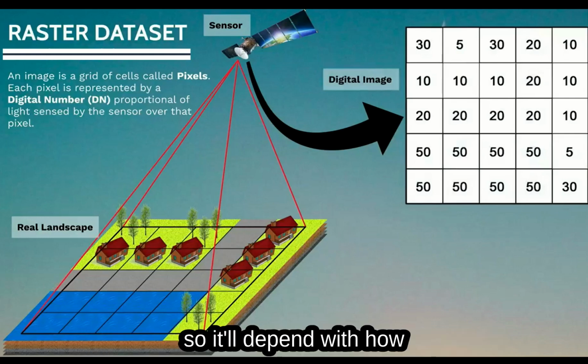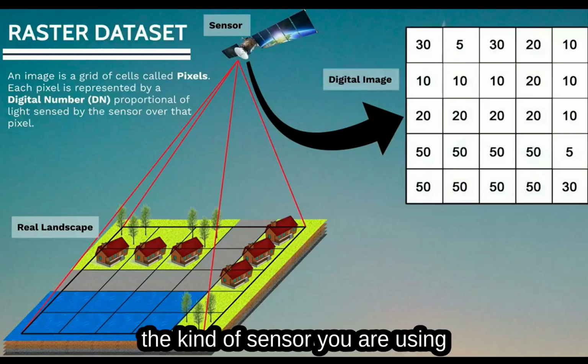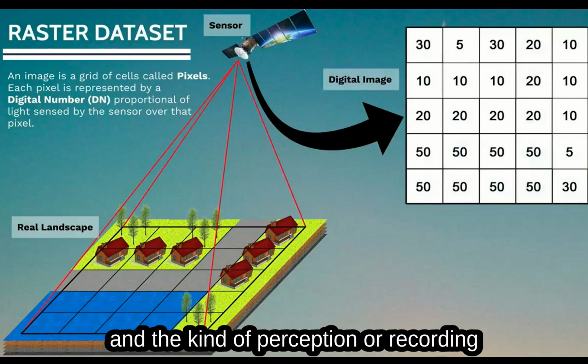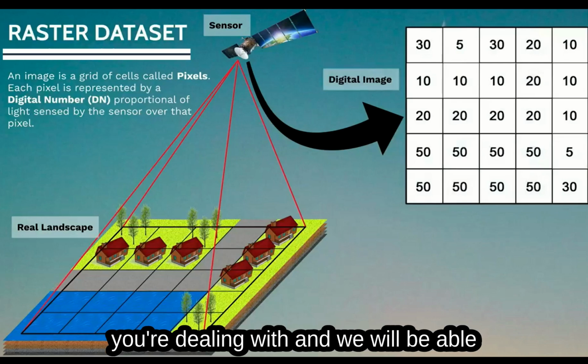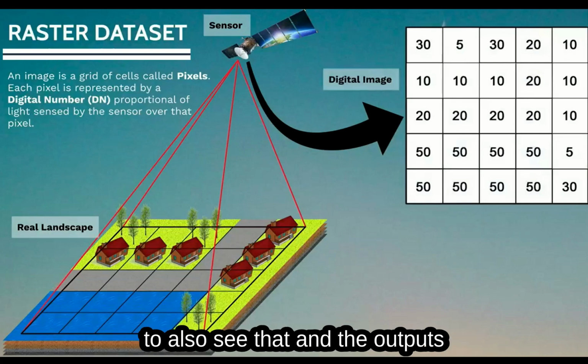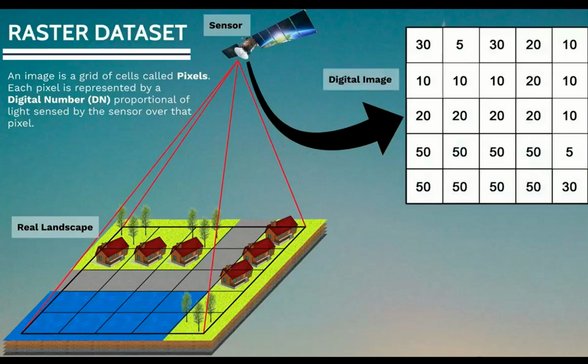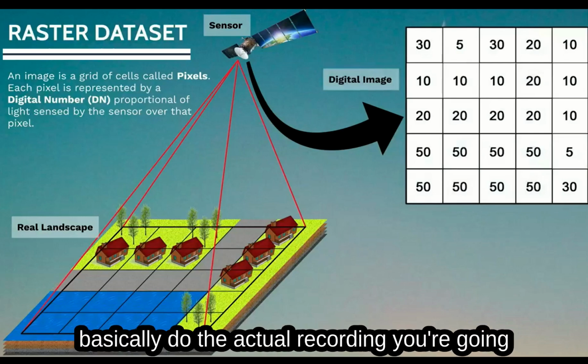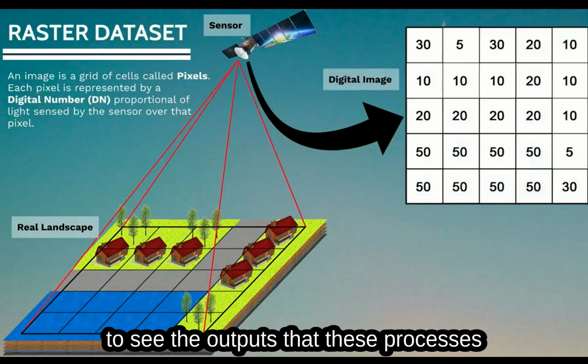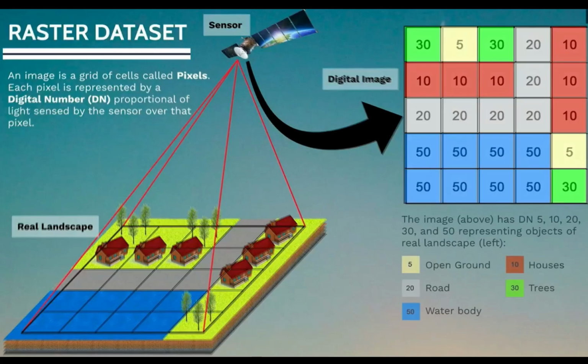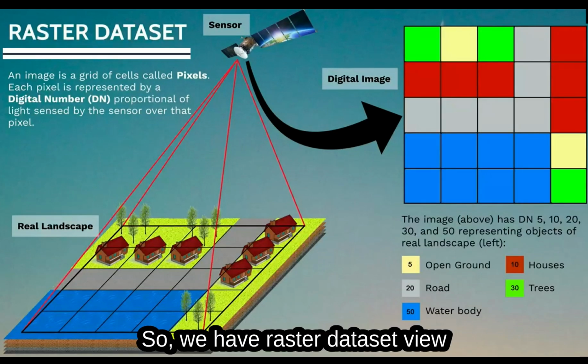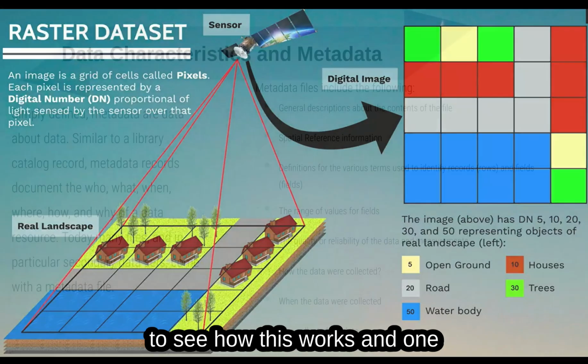So it will depend with the kind of sensor you are using and the kind of perception or recording you are dealing with, and we will be able to also see that and the outputs. In this course, we are not going to basically do the actual recording. We are going to see the outputs that these processes produce. So we have raster dataset. We use to see how this works.